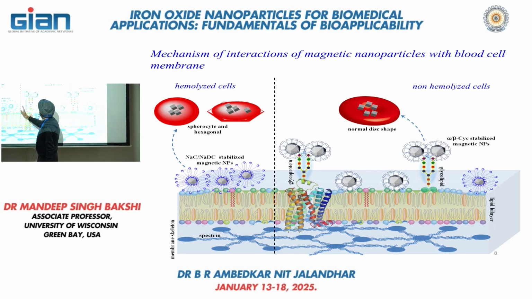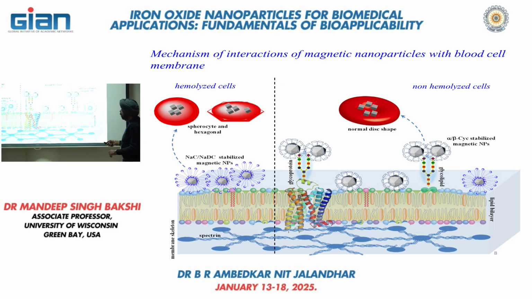I have divided the diagram into two parts. This part belongs to the hemolyzed blood cell, where hemolysis has taken place. Hemolysis means the membrane has broken down and the protein has been released. This part belongs to where no hemolysis has taken place. See over here: hemolyzed blood cell, non-hemolyzed blood cell.